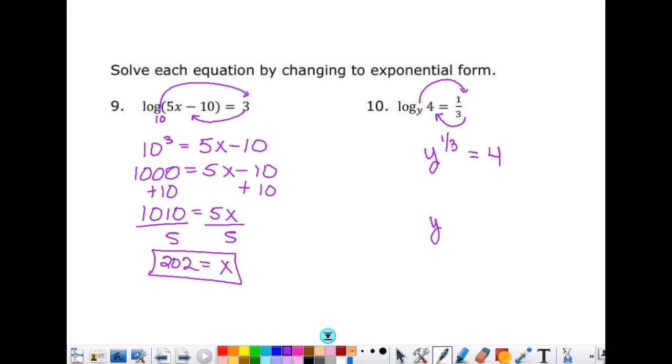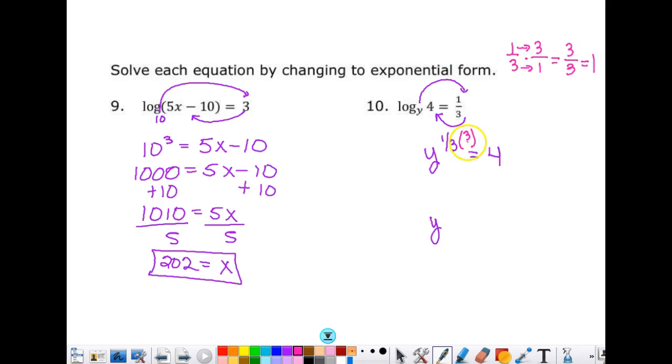Multiply him by what? By 3. Multiply him by his reciprocal, then he'll go away. If I multiply him by 3, like a 1/3 times a 3, if you multiply straight across the top and straight across the bottom, you get 3/3, and then you get 1.